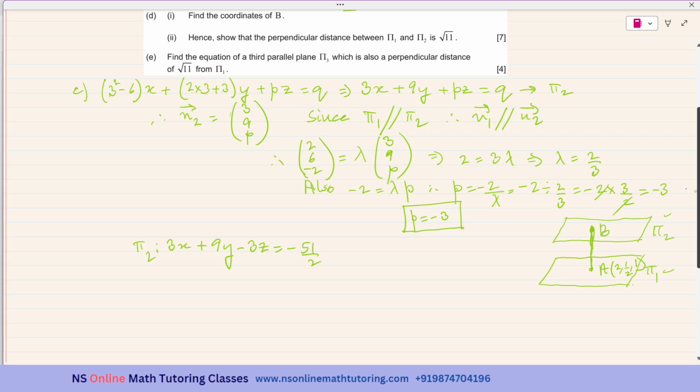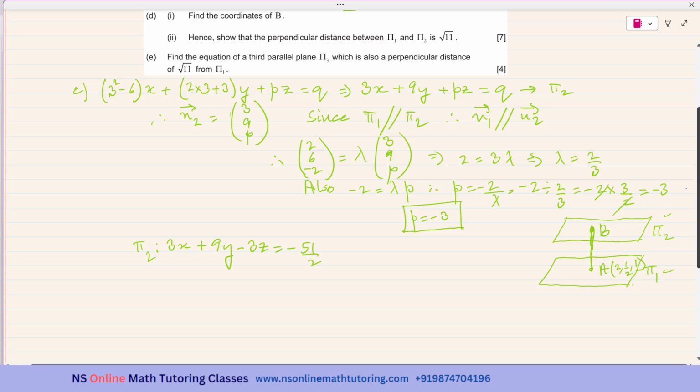Because pi 1 and pi 2 are parallel planes, a vector or a line which will be perpendicular to pi 1 will also be perpendicular to plane pi 2. These two are parallel planes. So EB is perpendicular to pi 1 and EB is also perpendicular to pi 2.